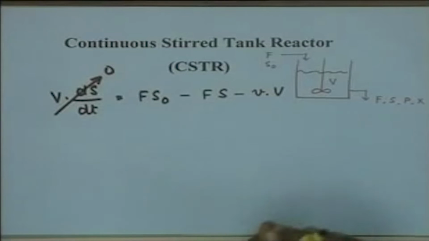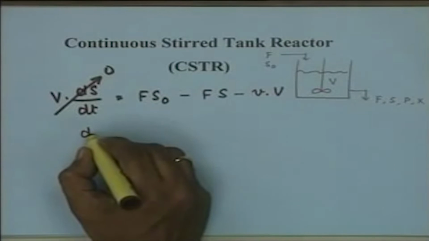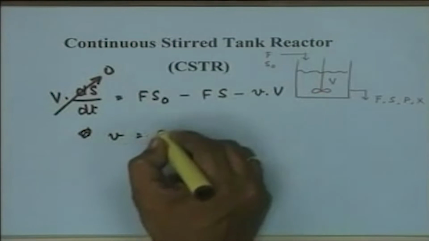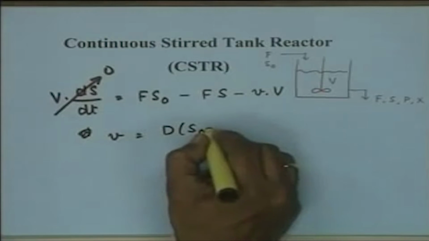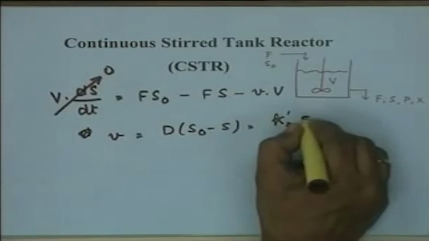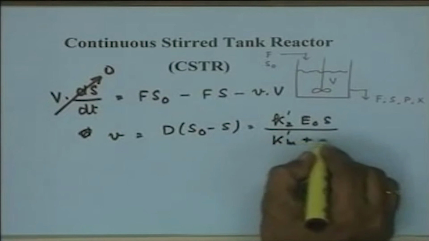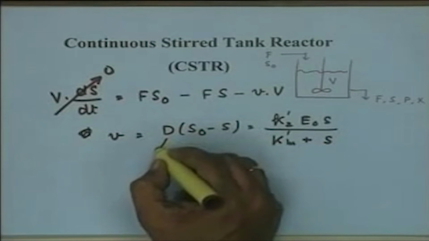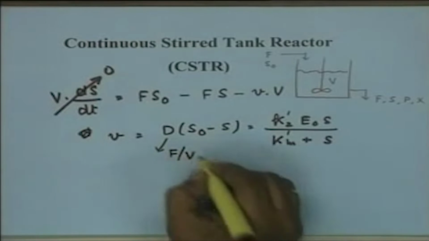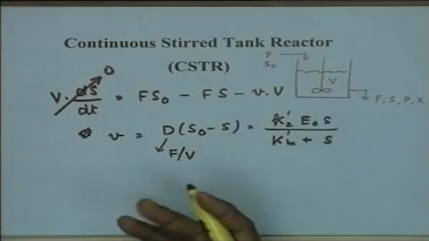There is no accumulation of any species in the system, and therefore, one can write D(S0 minus S) equal to k2' E0 S upon K'M plus S. Now, D is a term here which we understand as the dilution rate, or F by V, or in other words V by F is the residence time, the inverse of space time.